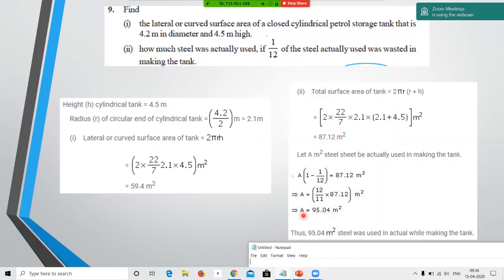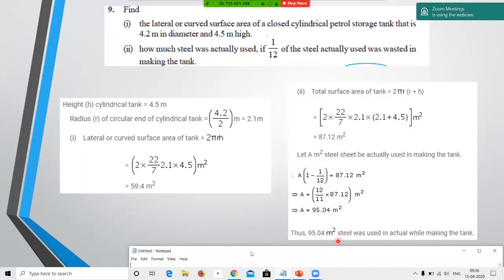So how much is actually wasted? 95.04 minus 87.12 is actually wasted, which is nothing but 1/12 of 95.04. Slowly go through the sum first, all of you, and then take it down. I gave you a very clear example of the tailor stitching a shirt. So try to understand that.